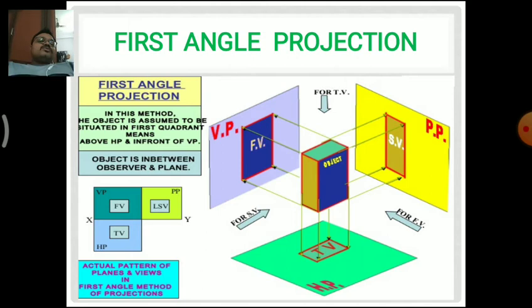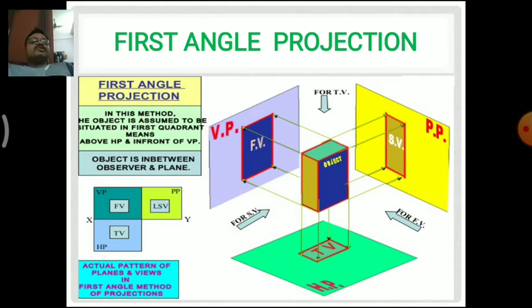So there you can see the object. In the front view, the object is colored deep blue, which is projected on the vertical plane, and the side view is indicated in dark yellowish color, that is a mild gold color. That is the left-handed side view, which is drawn on the right side of the front view, and the top view is indicated in green color.